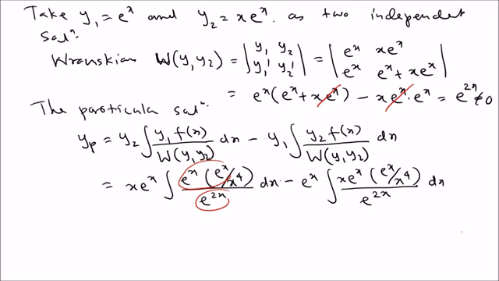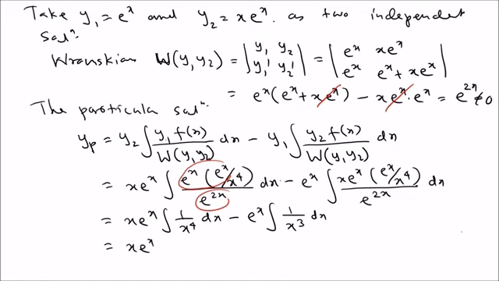So you simply end up getting x e^x times the integral of 1 over x^4 dx, minus e^x times the integral of 1 over x^3 dx. These are very easy to integrate. If you integrate them, you get x e^x times x^(-3) over -3, minus e^x times x^(-2) over -2.